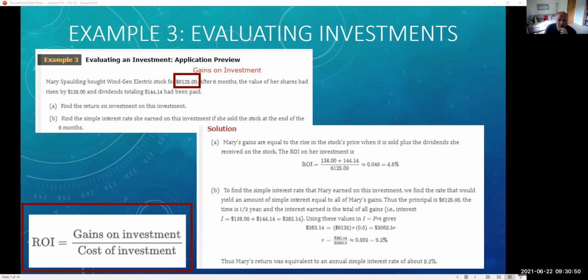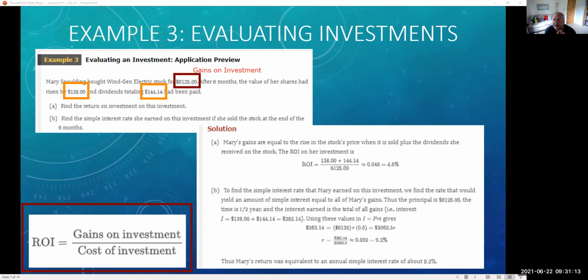If you ever hear the wording shares had risen, shares had risen by this much, and we also have dividends totaling this much had been paid. Listen closely to those words. Shares had risen by a certain amount of money.